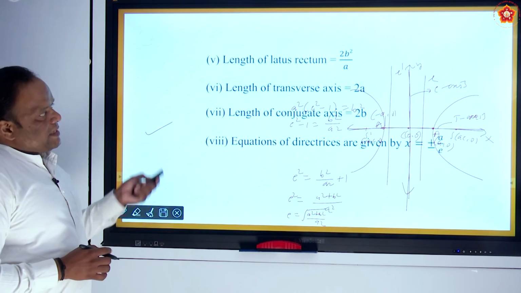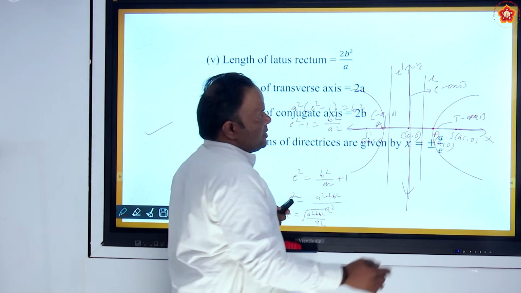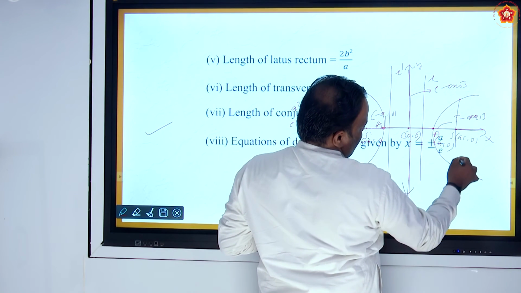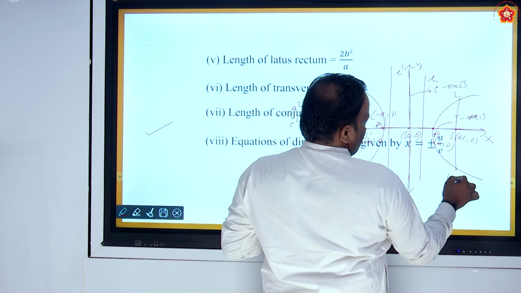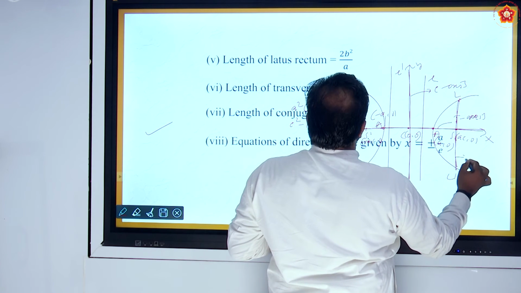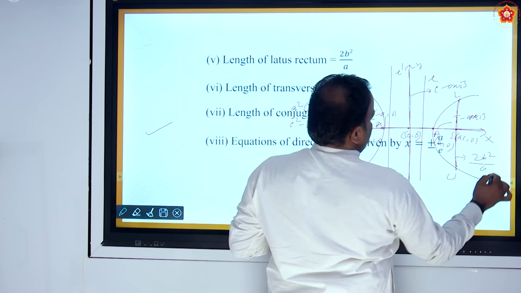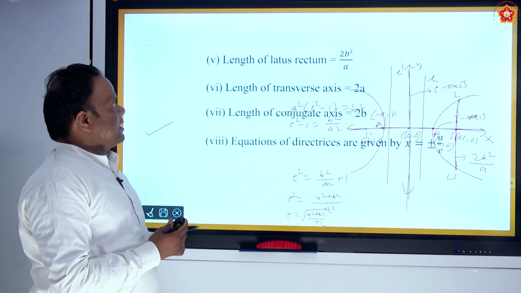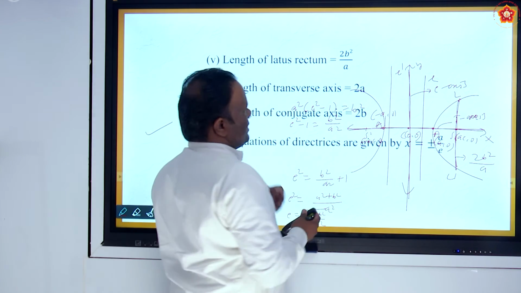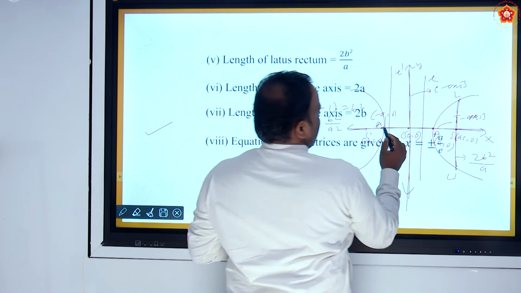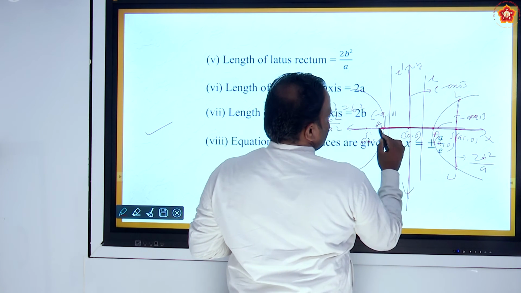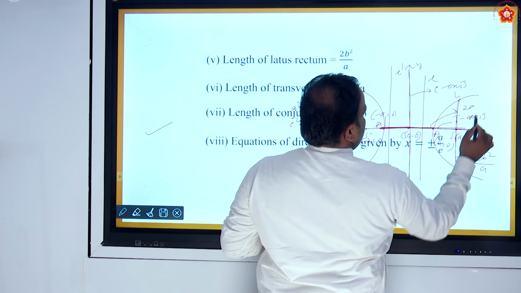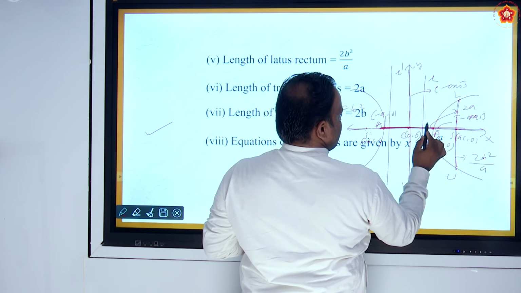Next, length of latus rectum. This is the latus rectum, I say L and L dash. The length of the latus rectum is 2b square by a, in the hyperbola x square by a square minus y square by b square equal to 1. Length of transverse axis means this length A to A dash, which is 2a, because here is a and here is a.